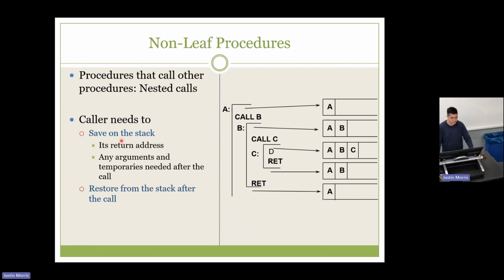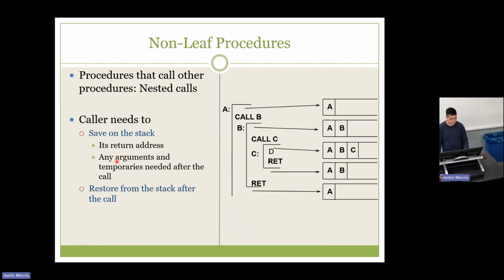So the caller needs to save onto the stack its return address, because you only have that one return address register. So if you are a procedure and you need to remember where you needed to go to return, before you call another procedure, you have to put the return address onto the stack.